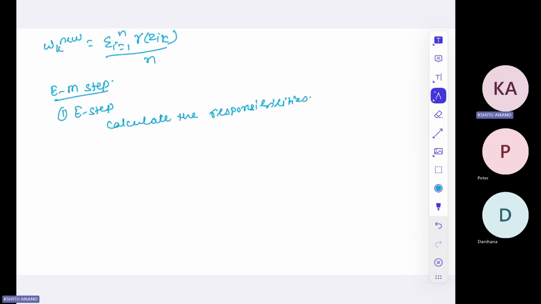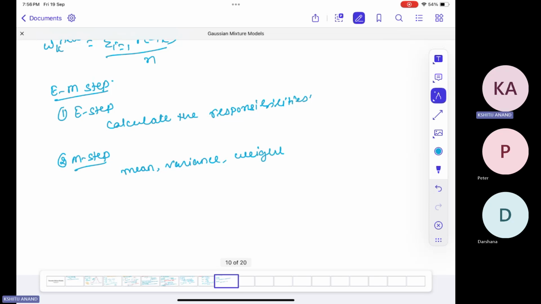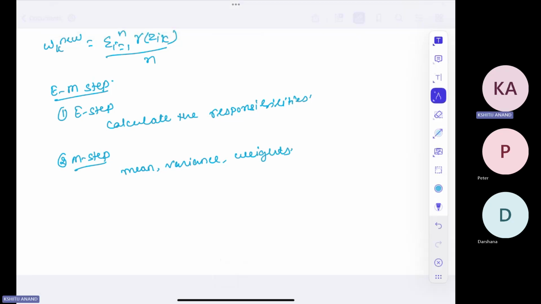Responsibility tells you how much each component is involved in each observation, right? The second step is the M step. Once you calculate the responsibility, you update your mean first, then you update the variance, and then you update the weights. Then you repeat this multiple times until you reach convergence.